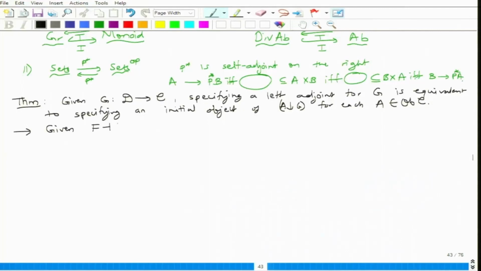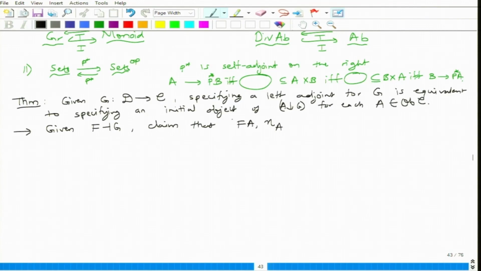Yeah, so given F as a left adjoint to G, we are going to claim that FA is definitely an object of category D. Yes, we need an object of category D together with GFA, which is an object of category C. That's what we want.